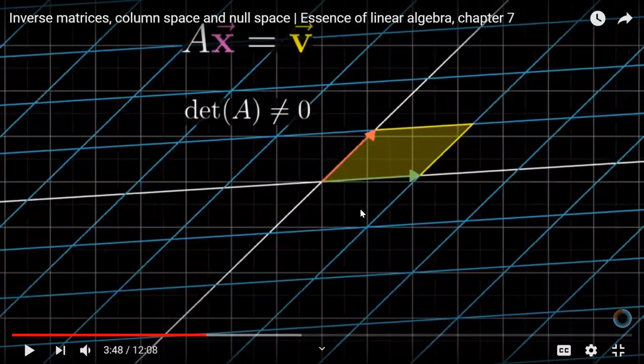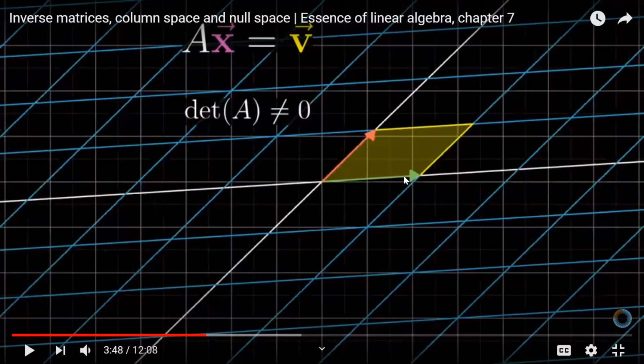So if your determinant is not zero, your grid lines will be rotated. But under these rotations, you will find that you still have this basic, fundamental cell, and it has some area. But if all the grid lines become squashed into just one straight line, this area will become zero.